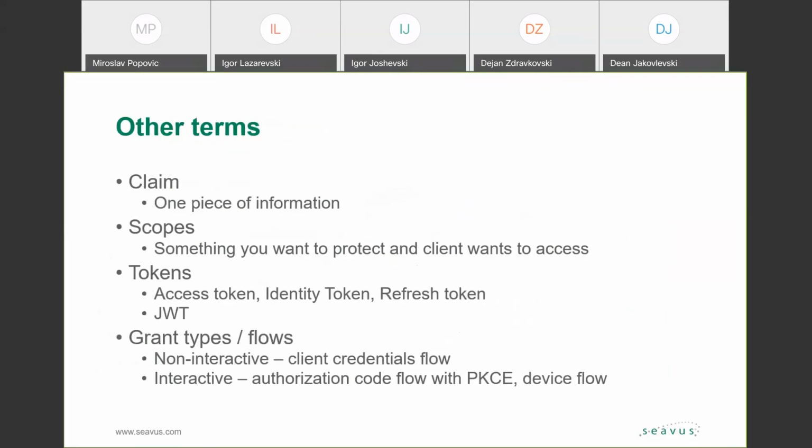Okay, some other terms that you can run into when working in this context. A claim is one piece of information. You'll see later how a token can contain many claims. A scope is something that you want to protect and that the client wants to access. We have tokens, actually several different tokens, which are important: access tokens, identity tokens, and refresh tokens.